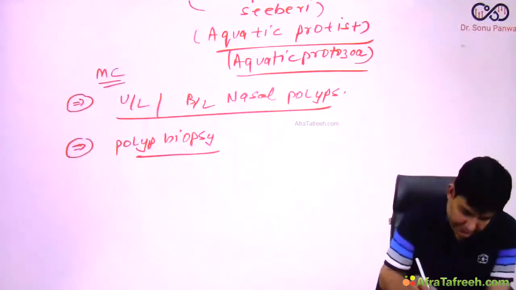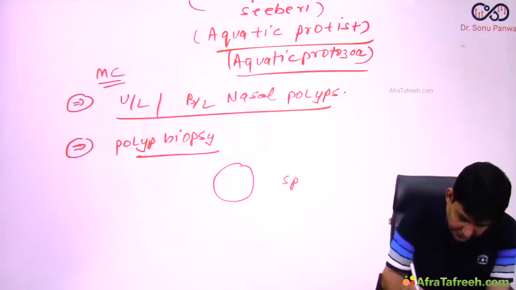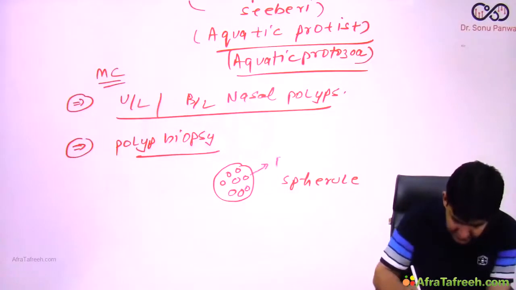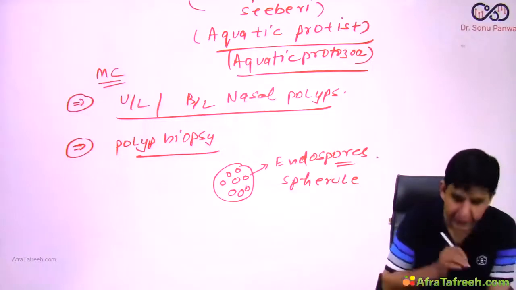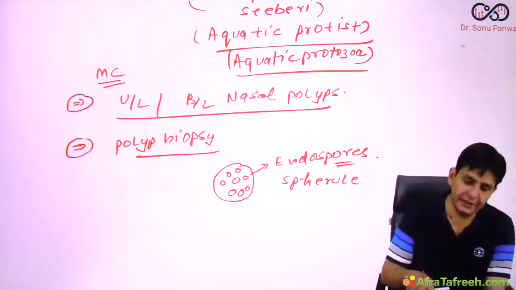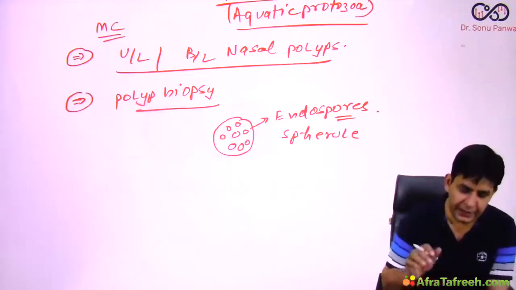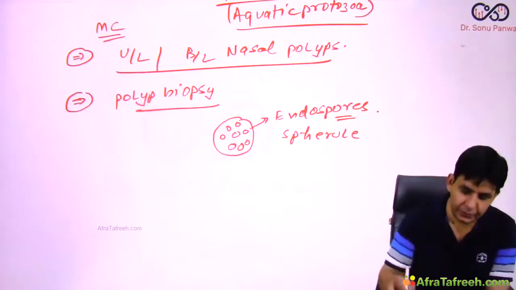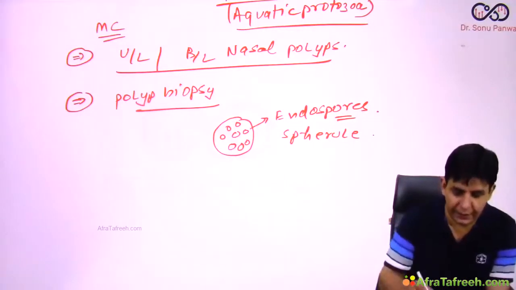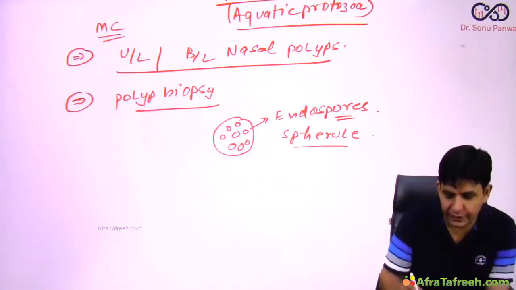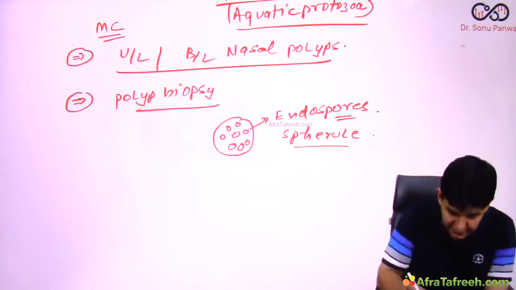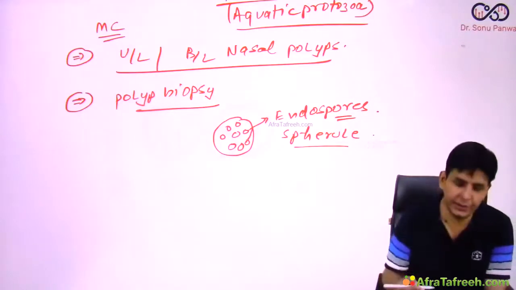You get a spherule in that biopsy, and within that spherule you will get what? You will get the endospores. This is a characteristic feature of this polyp biopsy, that within the spherule you will get endospores. Okay, so that is seen in rhinosporidiosis.